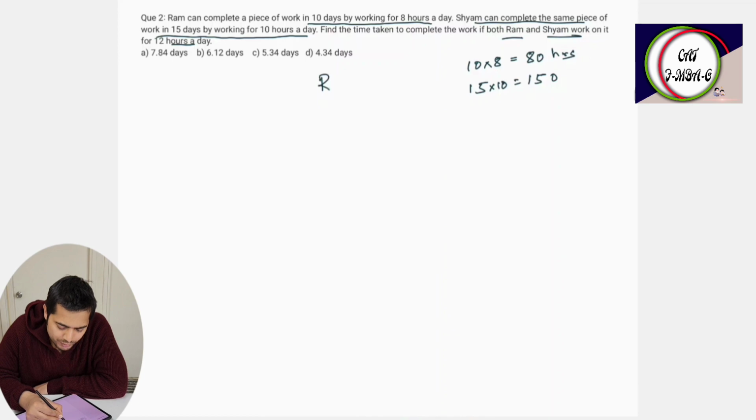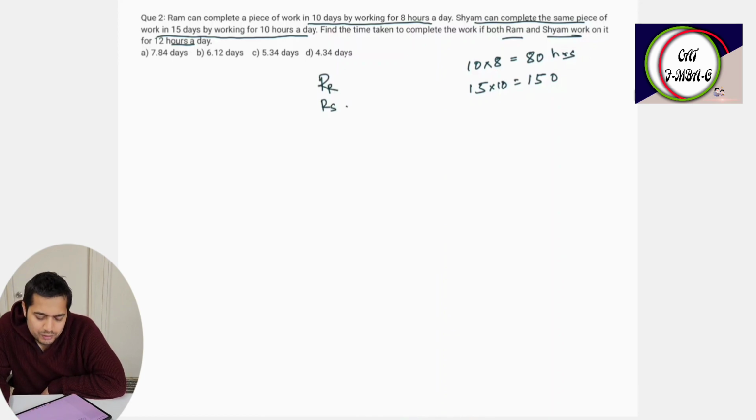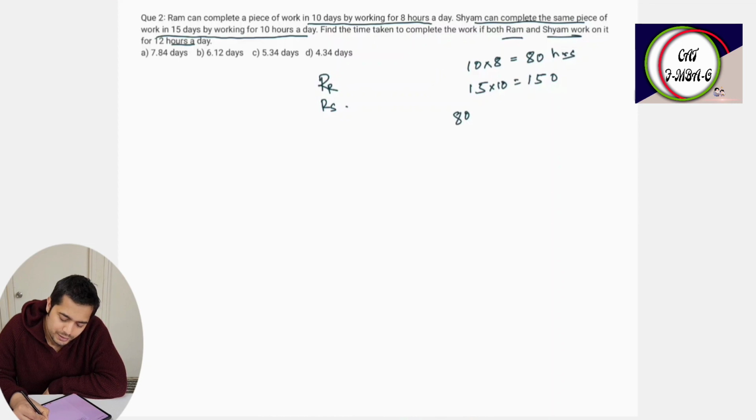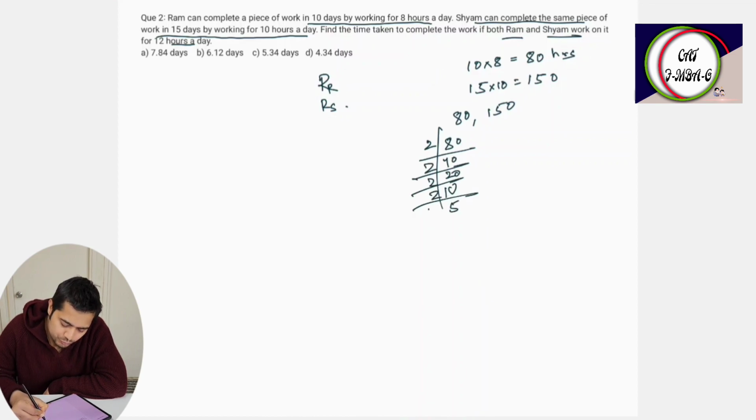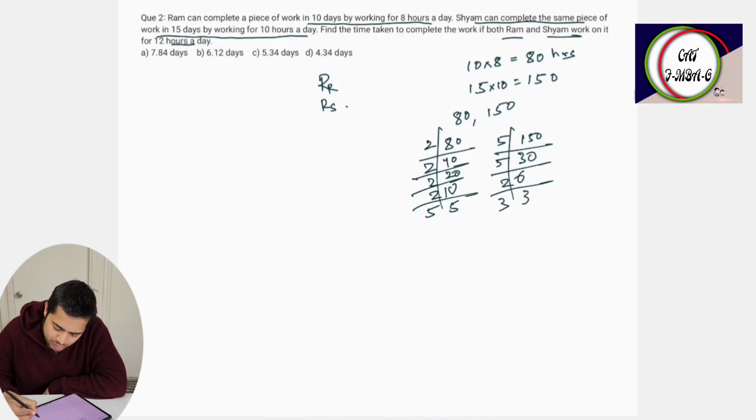So we have to find the rate of Ram and the rate of Sham. In these kinds of questions, I told you, you can prefer the LCM method. Here we will take the LCM of 80 and 150. 80 can be written as 2 into 2 into 2 into 2 into 5, and 150 can be written as 5 into 5 into 2 into 3.